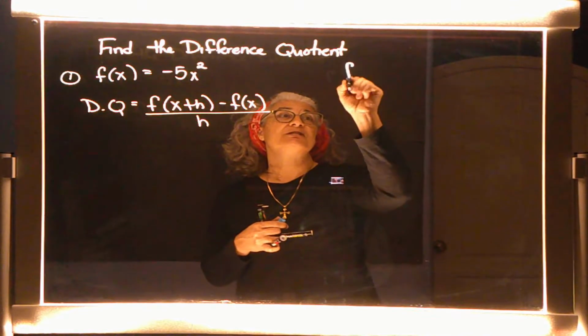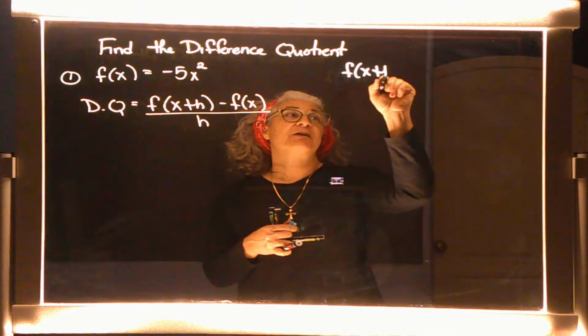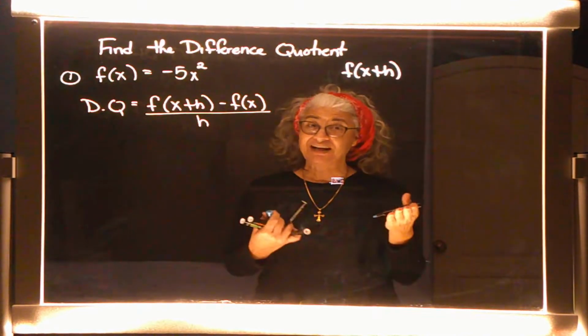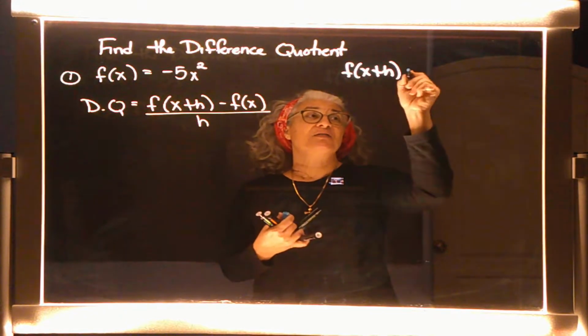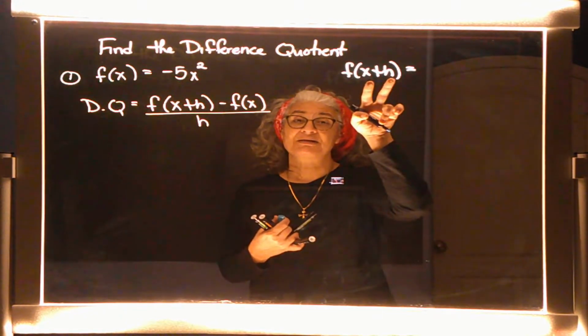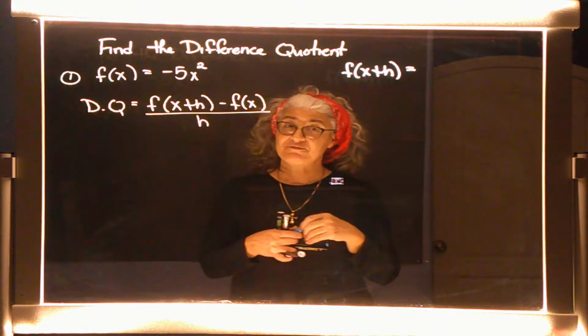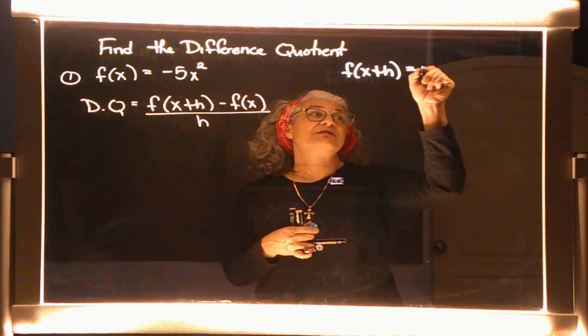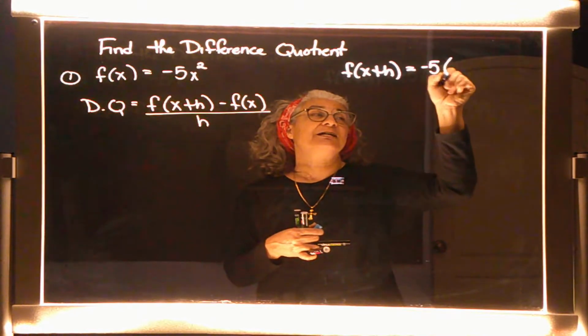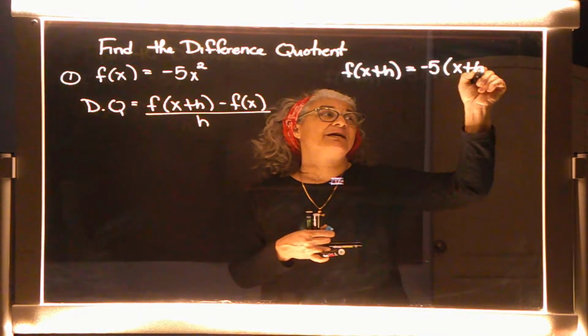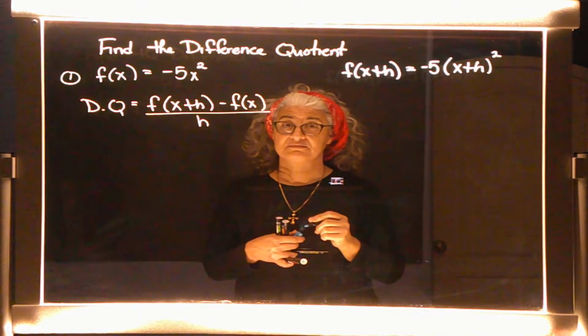One of the things we need to know is f of x plus h. Well, to find f of x plus h, this means take x plus h and plug it into where? Yes, plug it into that function, right? So that means I'm going to have negative 5 and in parentheses x plus h squared.